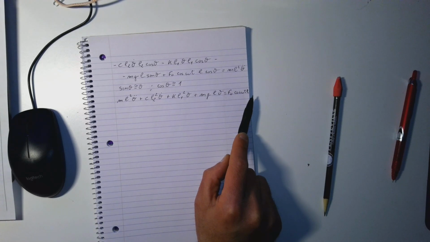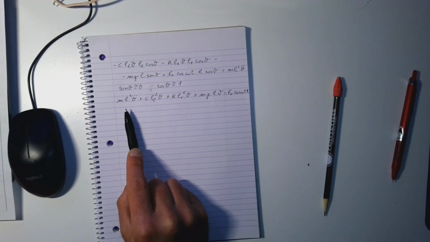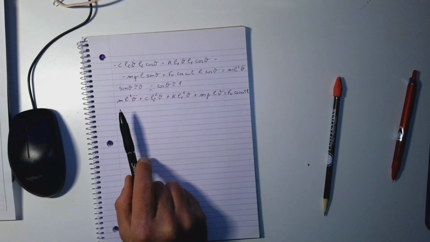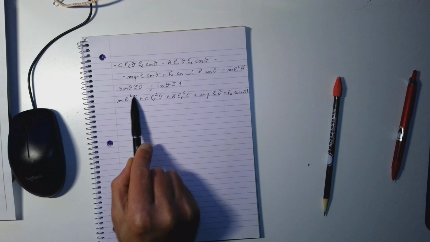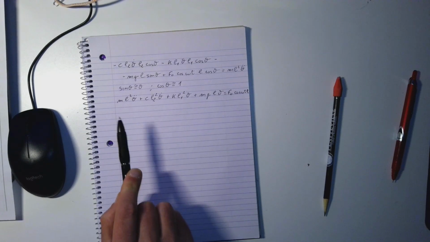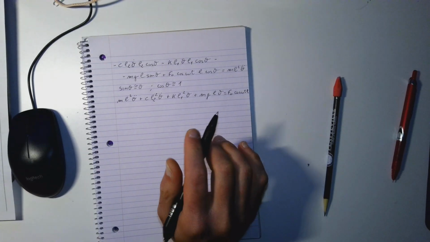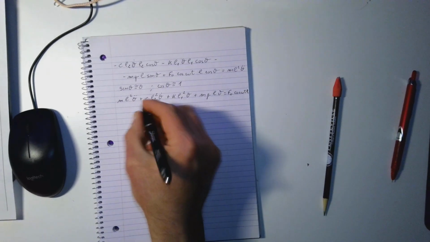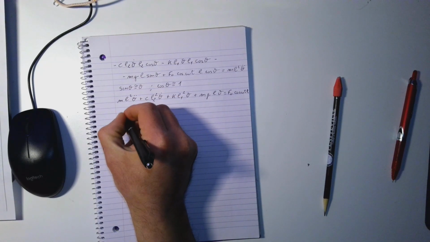We want to see the standard form, which means that we want to divide by the coefficient of the second derivative, so that we can keep theta double dot by itself. And in this case, this is what we obtain.